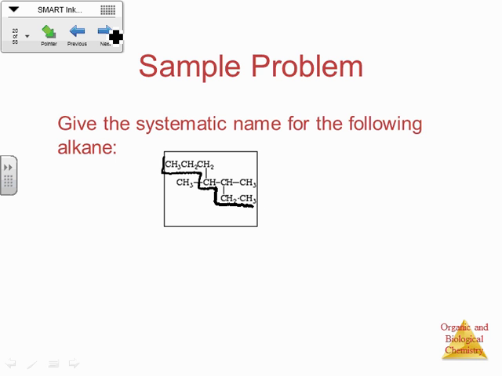I could go down here, or I could have traced it across, because it's basically the same thing. Ultimately it's not going to matter when you're naming this. If you have two different ways you can pick that give you the exact same number of carbons in the chain, then you can go either way, and the name will end up being the same.